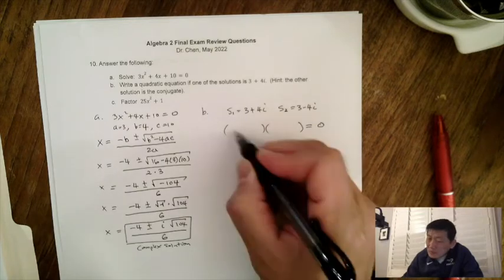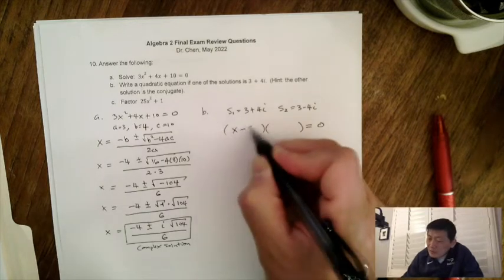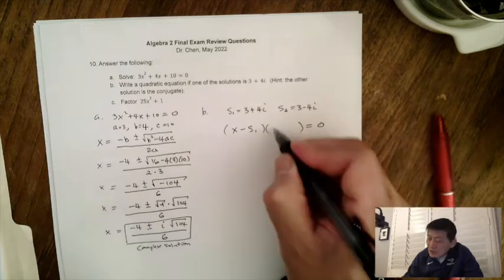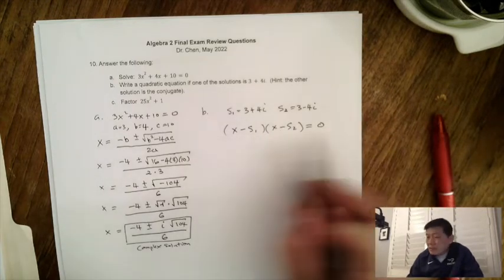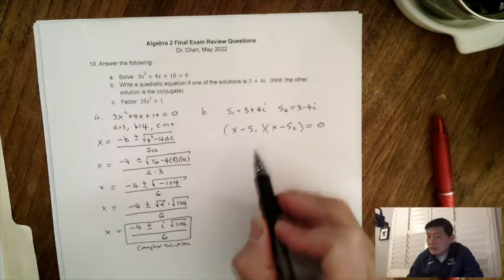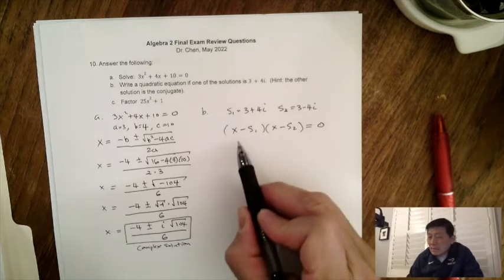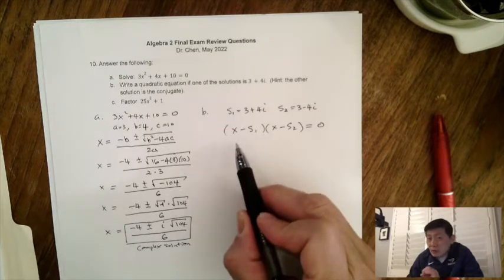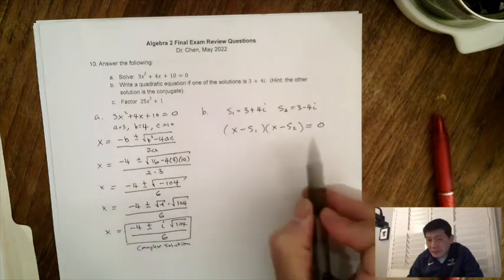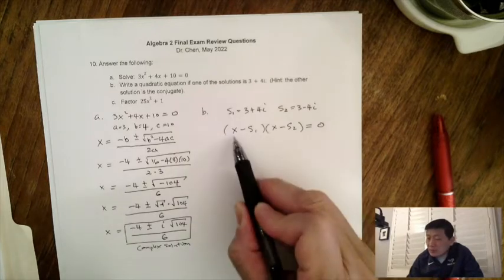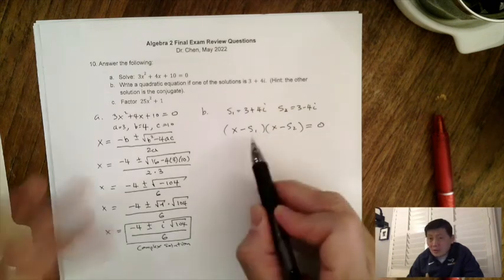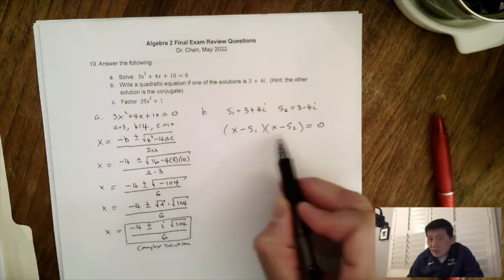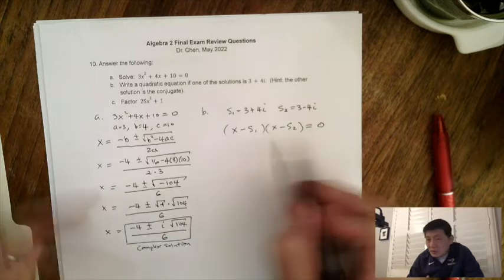So typically we say x minus solution 1, x minus solution 2, because if we can turn a quadratic equation into a factored form like this, we can set x minus s1 equal to 0, and then we say x is equal to s1, right? x minus s2 equal to 0, x is equal to s2, right?